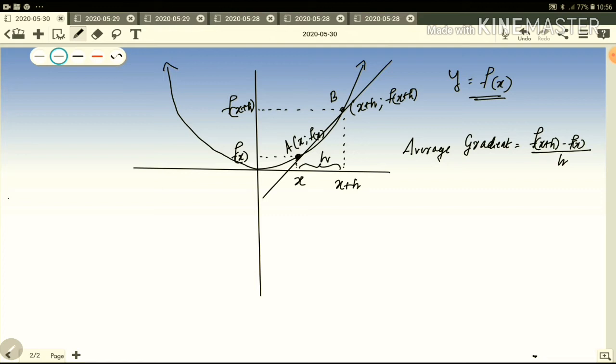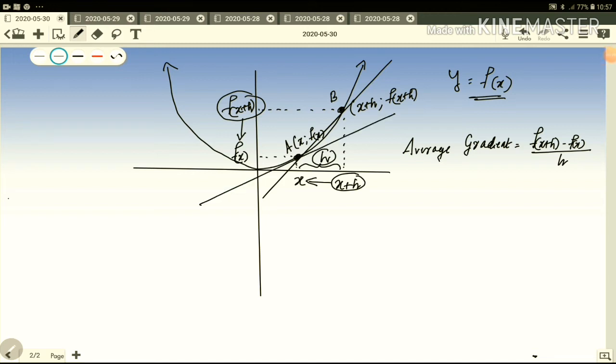What happens when h moves close to 0? That is, when h becomes 0, x plus h will move to x, and f of x plus h will move to f of x, which means the point B will go down and coincide with the point A. Then the given secant becomes a tangent.